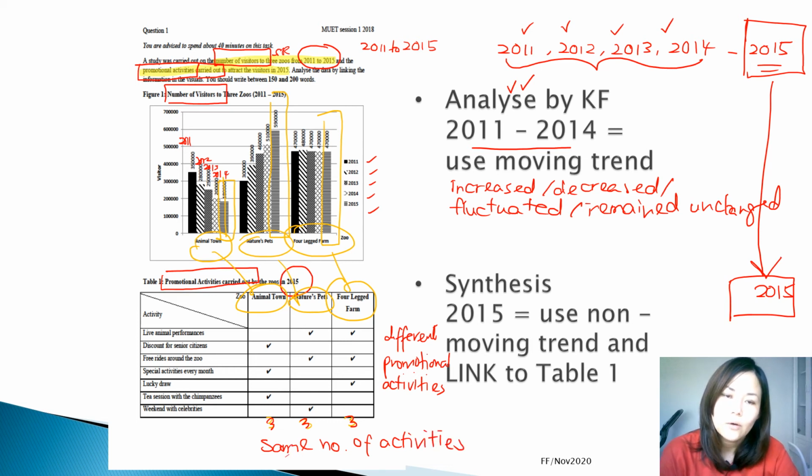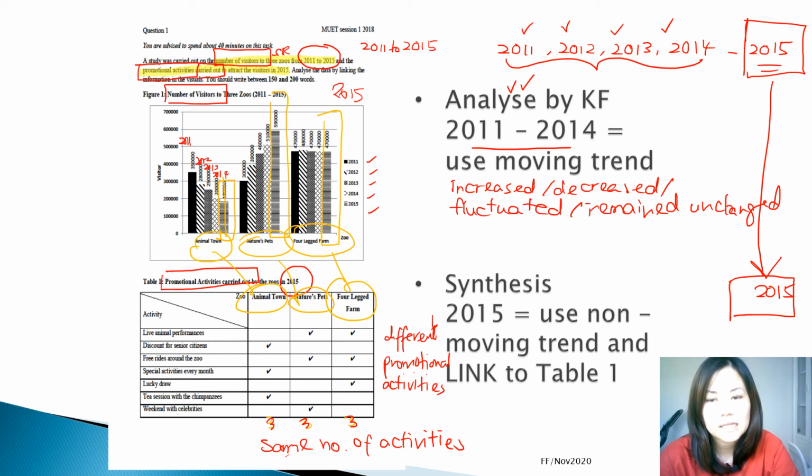So later on, when you want to link the information, you might want to talk about how the number of visitors to 3 zoos in 2015, be specific, only 2015, for overview, was due to the promotional activity carried out. So if you want to make it more specific, you could say that was due to the different promotional activities carried out by the zoo in 2015. You can say it that way.